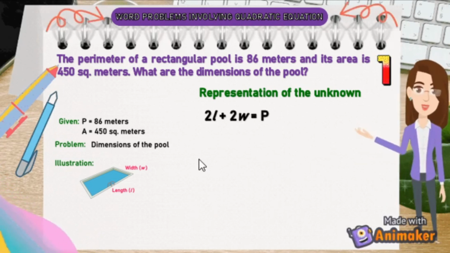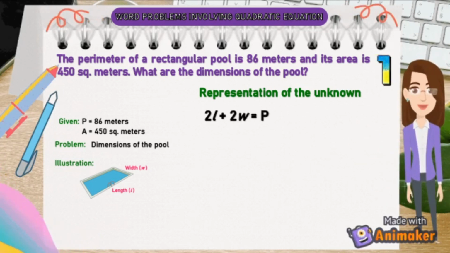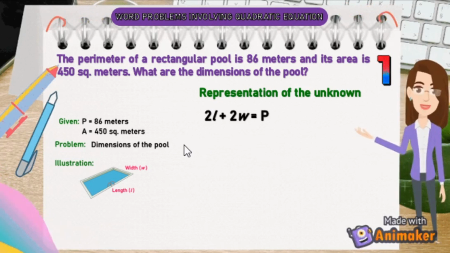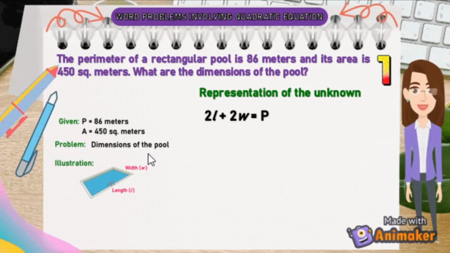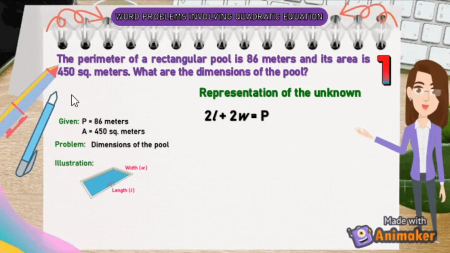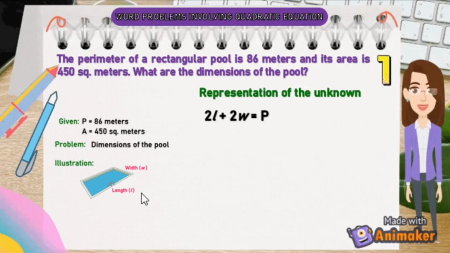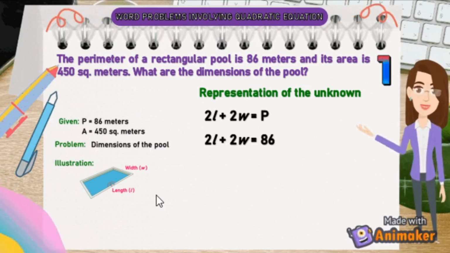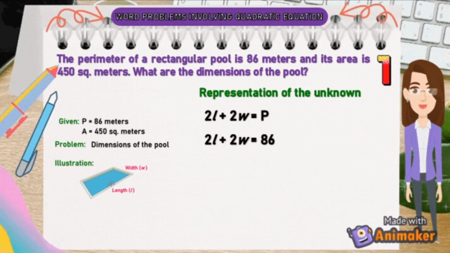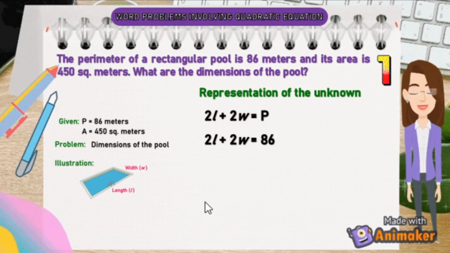We all know that the formula in finding the perimeter of a rectangle is 2 times the length plus 2 times the width. And ang sabi sa given, we have 86 meters as perimeter. So, therefore, 2 times the length plus 2 times the width is equal to 86. Yun yung kanyang perimeter na binigay.